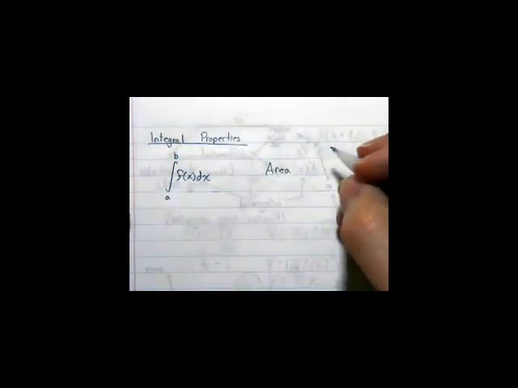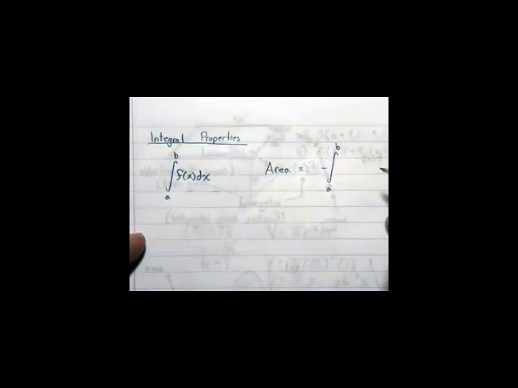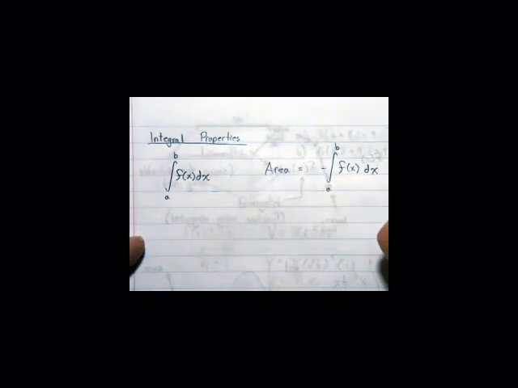So the area then would be equal to negative the integral from a to b of f of x dx when f of x is less than or equal to 0.